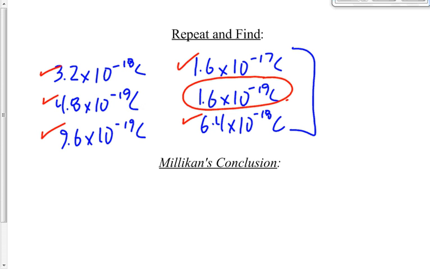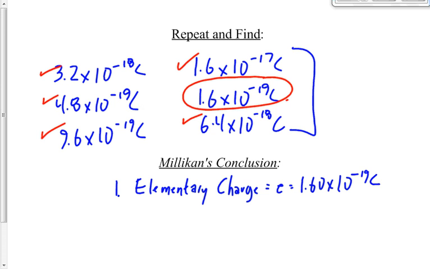That leads Millikan to two conclusions. One, there is such a thing as an elementary charge. In other words, there is a smallest possible charge. You can't get smaller than that.